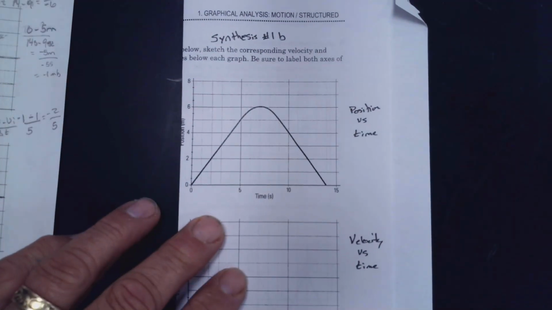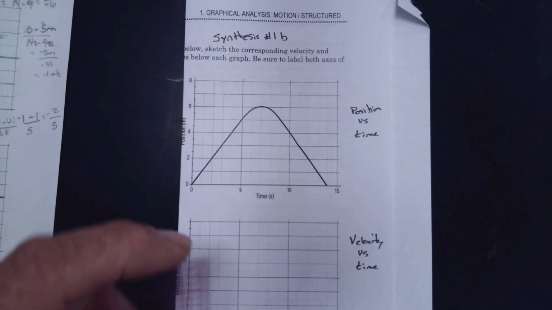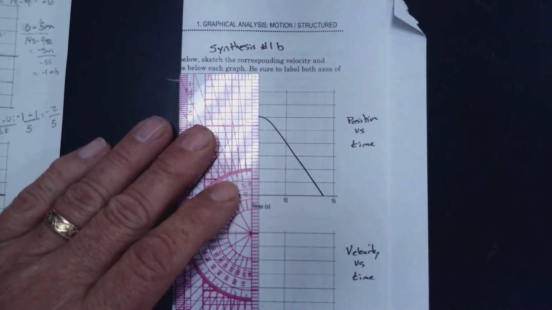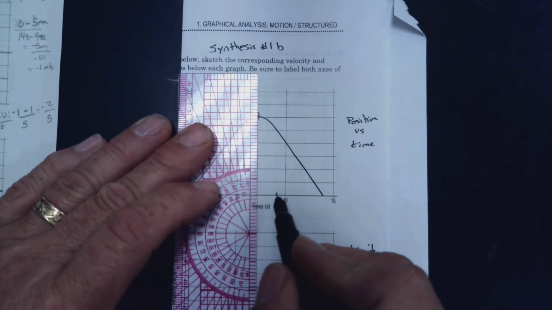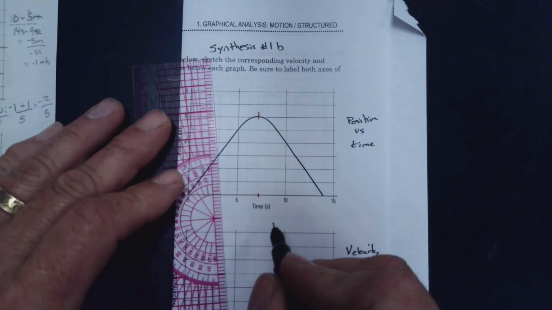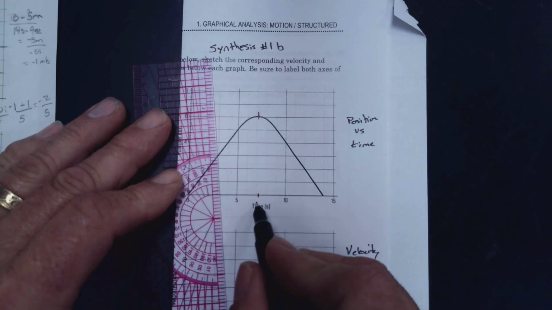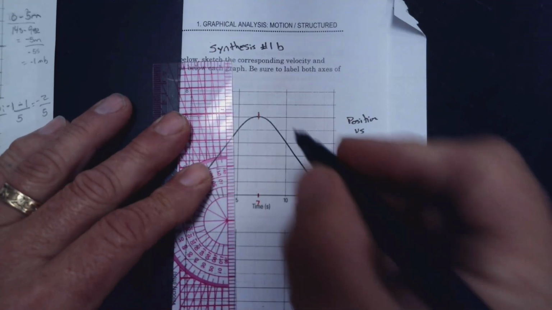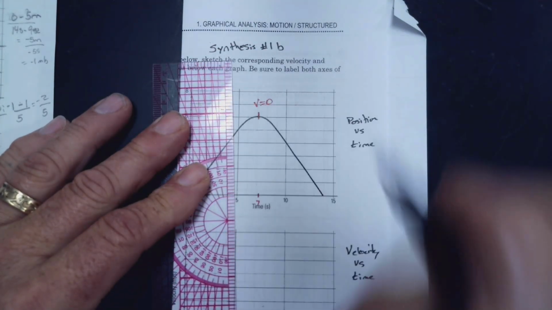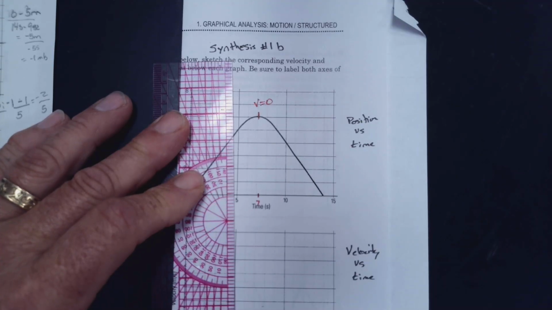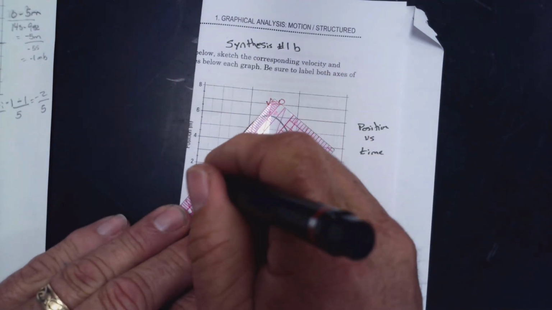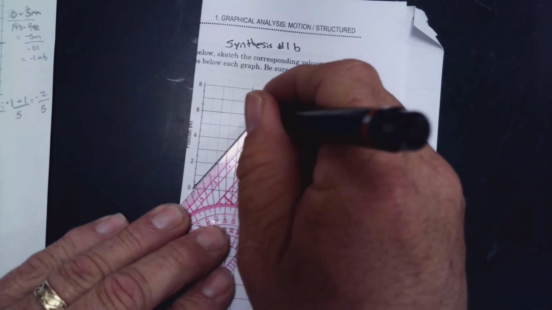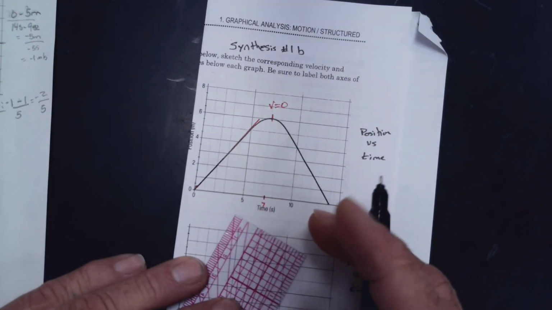And what I'm going to do is mark the things that I know. And I know the easiest one always, I think, is here. And when I count the lines, that's going to happen at 7 seconds, that the velocity is equal to 0. This slope right here is constant.